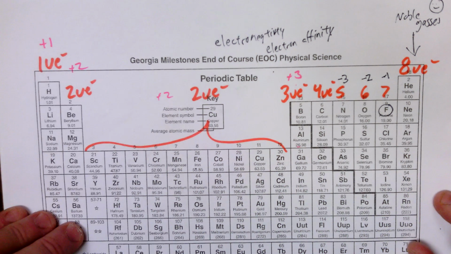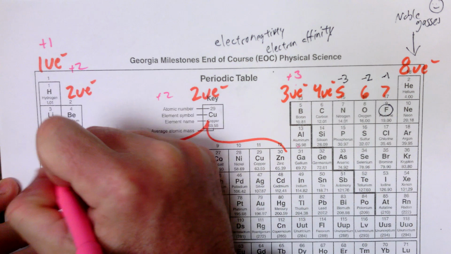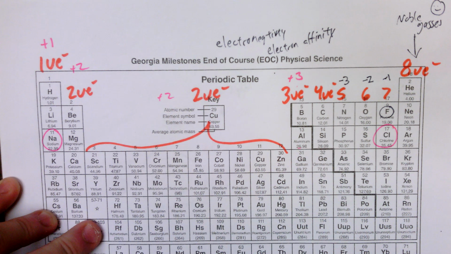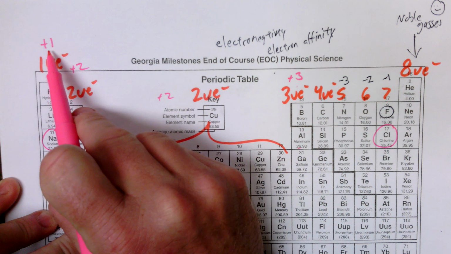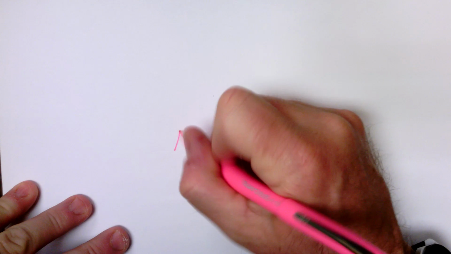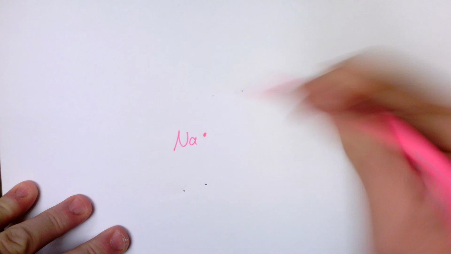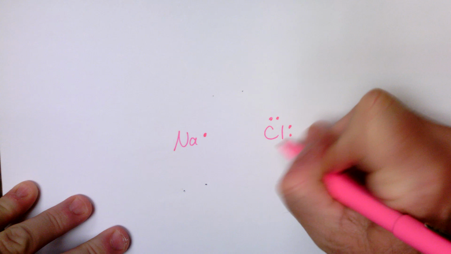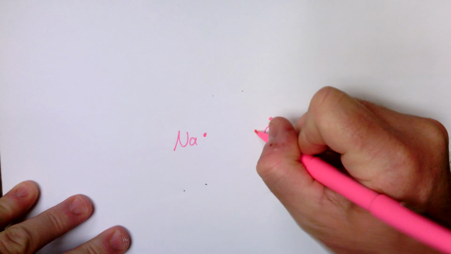We'll start off with a very, very common combination of sodium and chlorine. Sodium wants to give up 1 electron. Chlorine wants to take 1. So let's look at sodium with its 1 valence electron, chlorine with its 7.